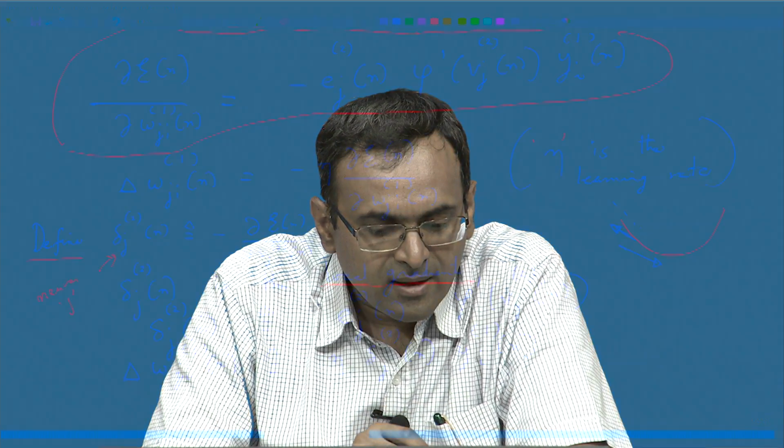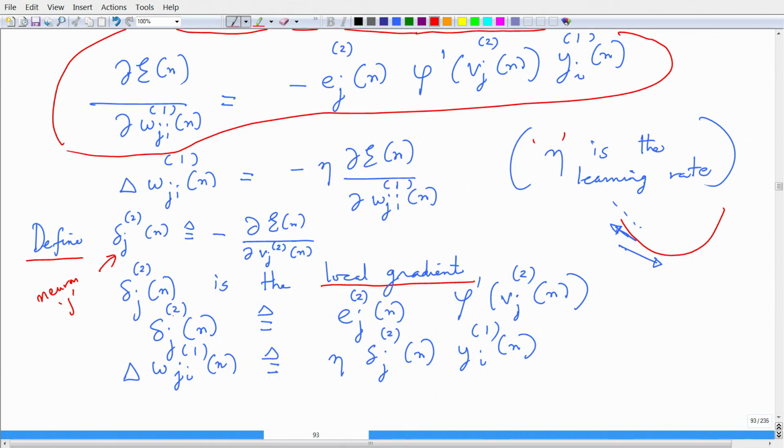Now, delta j in the output layer is defined as Ej of n, the error, times the derivative of the nonlinear activation function, which is acting on the local reception field in the second layer.